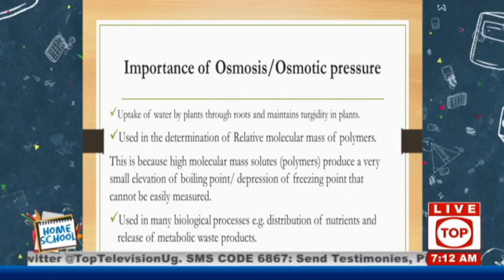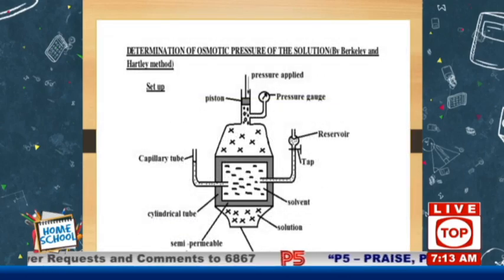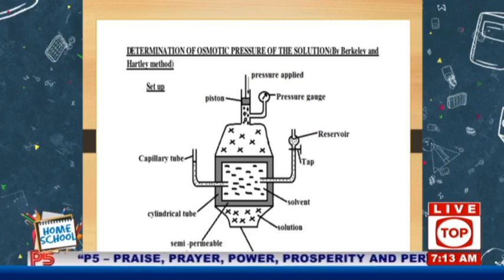So when we move next, we are going to look at an experiment used to determine osmotic pressure of the solution. Okay, that is the diagram we can look at that we are going to use to explain more of osmotic pressure.